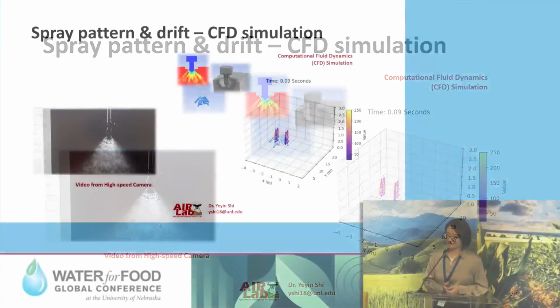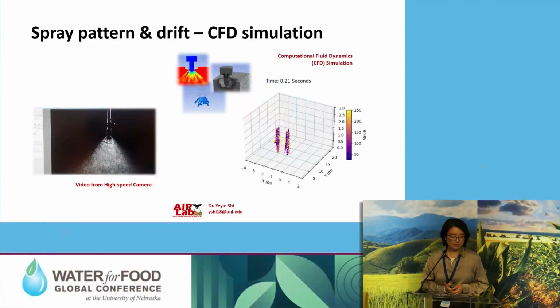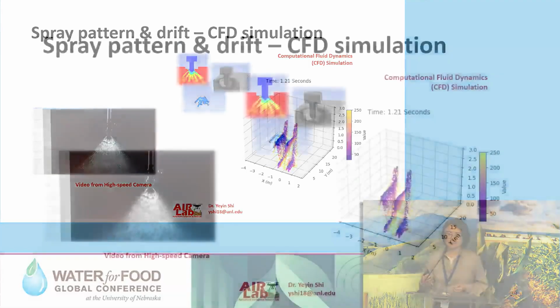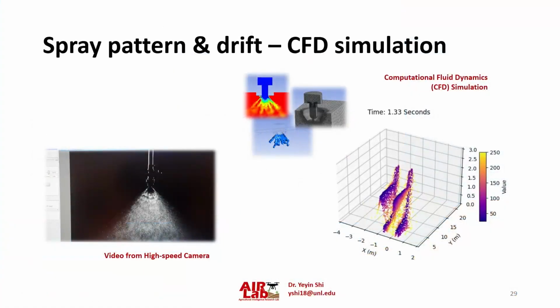Yeah, thank you. So far we have our preliminary CFD model that mimics a drone spraying, where those droplets actually land, given a certain wind coming from a certain direction, and the different colors here show the different droplet sizes.